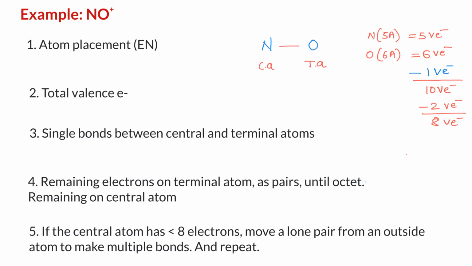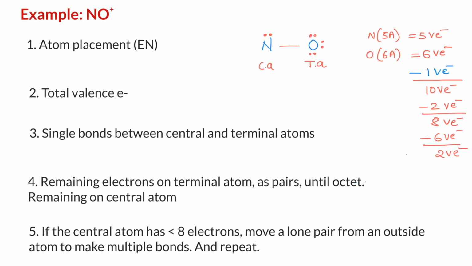Oxygen already has 1 bond, that is 2 electrons, so I can place 6 valence electrons in pairs. So I have used 6 valence electrons in total for that, and I have 2 valence electrons remaining, which I will place on the nitrogen atom, which is the central atom, as an electron pair.